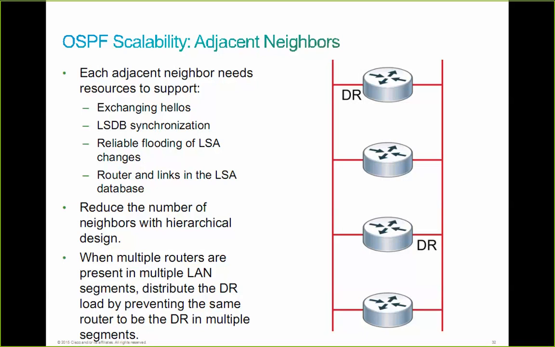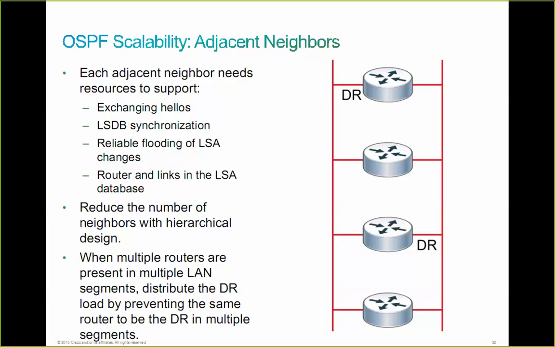And traditionally in the past, that's what we did with the DRs and the BDRs as well. We would try to influence the DR-BDR election process by changing OSPF interface priorities and router IDs on OSPF routers to identify who's going to become the DR.